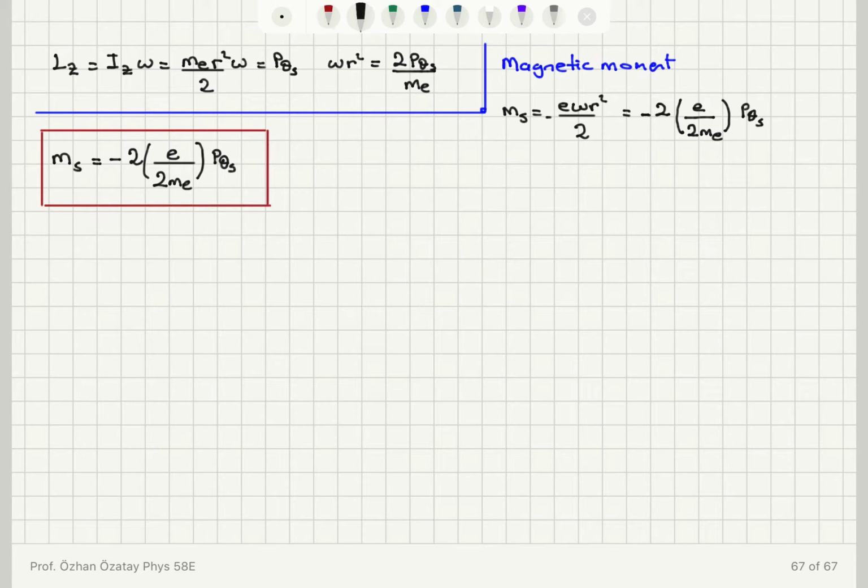Now we find that in quantum mechanics we can write the quantum mechanical result. This is given by mu s equal to minus g times the electron charge h bar divided by twice the mass of the electron times the spin quantum number.